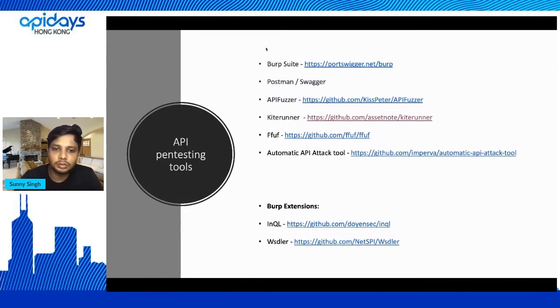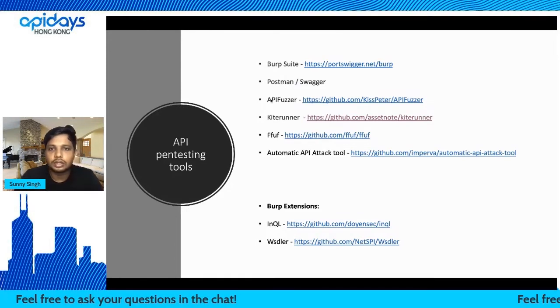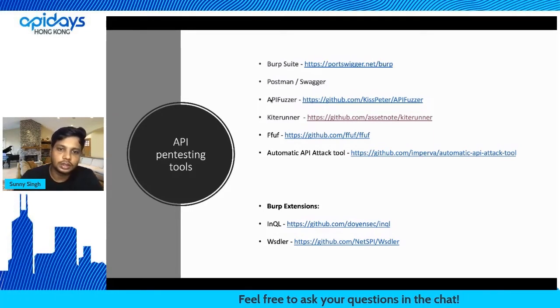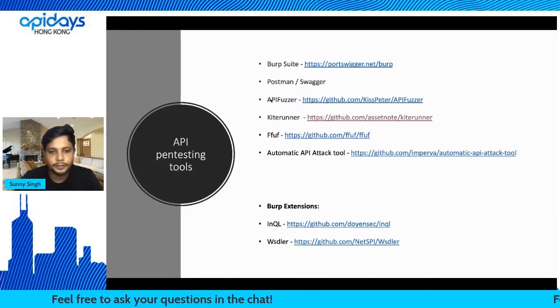So these three tools, API Fuzzer, Kiterunner, and FFUF, are going to help you with fuzzing the APIs. So basically, all you need to do is give it a set of endpoints in a text file, and then it is going to fuzz for you and give you all the hidden endpoints that you're not able to see in a normal API document, right?